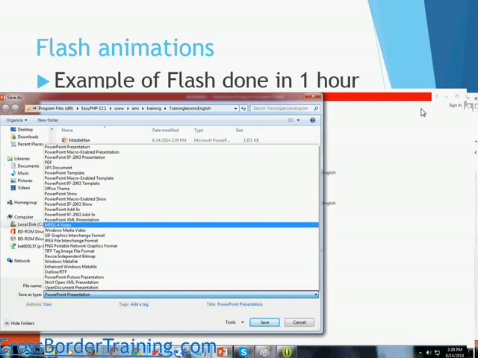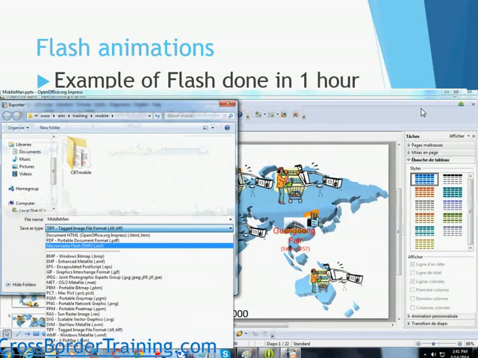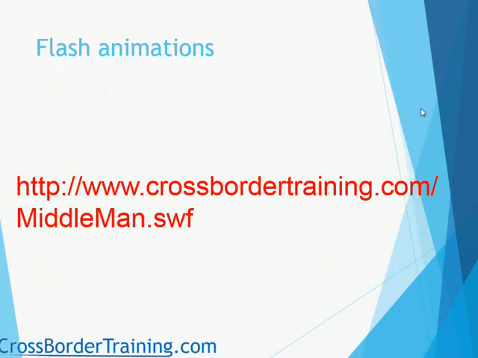But if you really want SWF, you can also use Open Impress, the open source PowerPoint, and you can save it as SWF. Here you can select SWF, so you will have it directly in SWF. So the SWF has been done.